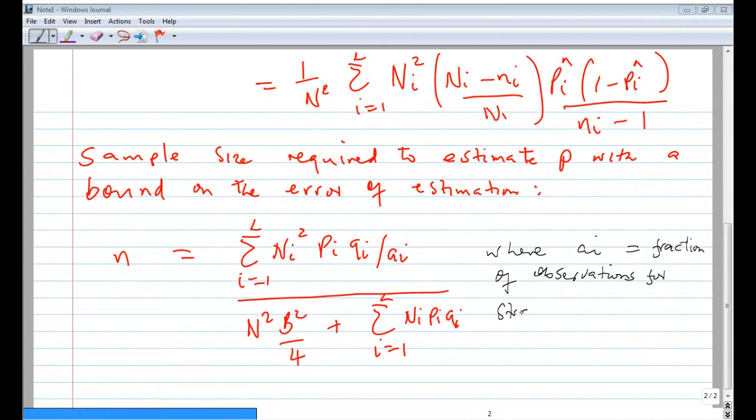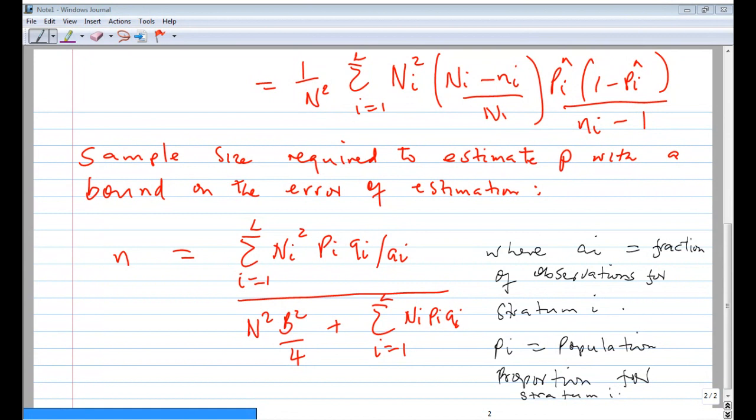For stratum I. Okay, isn't it? And Pi, like I said, is the population proportion for stratum I, or for each stratum, in other words.